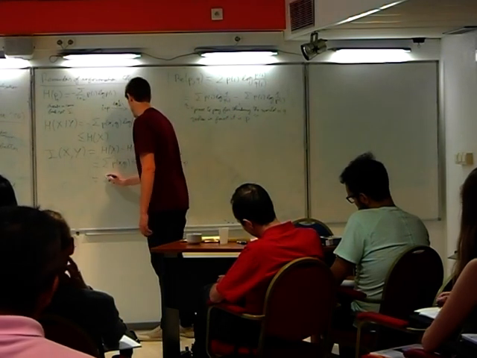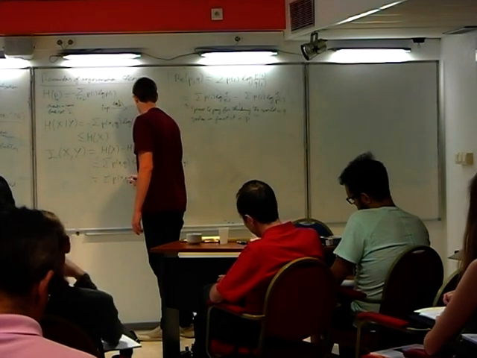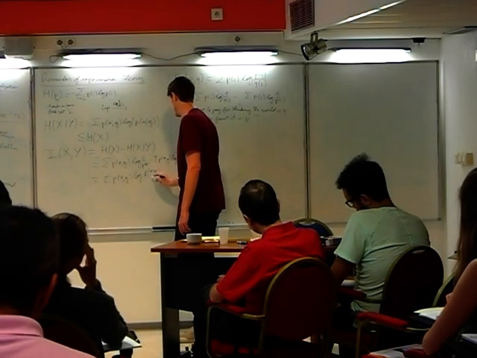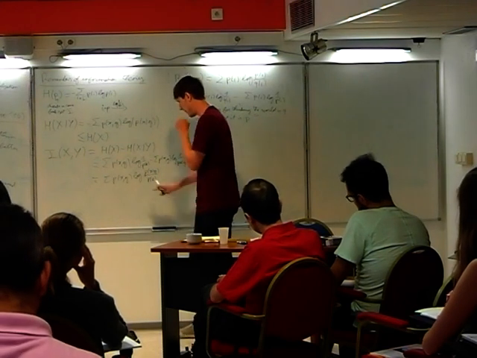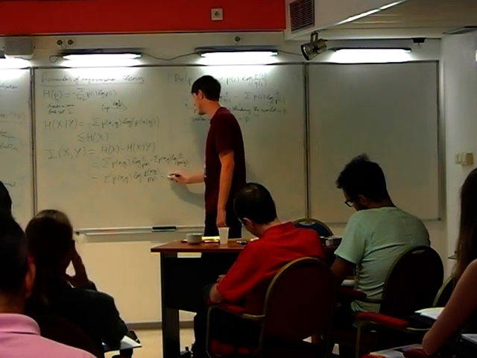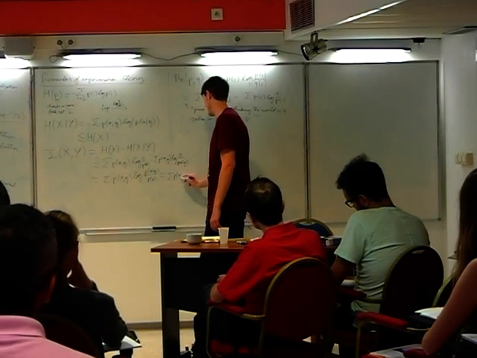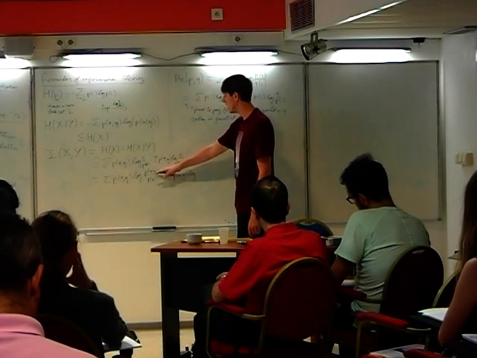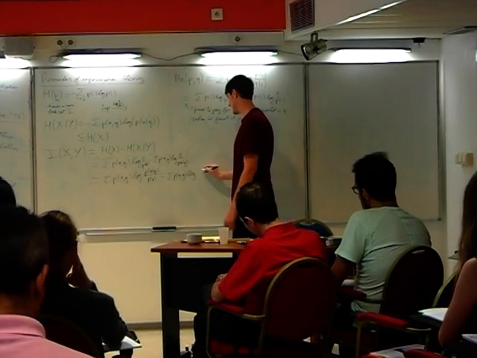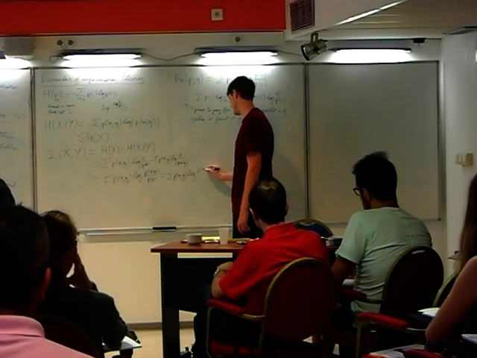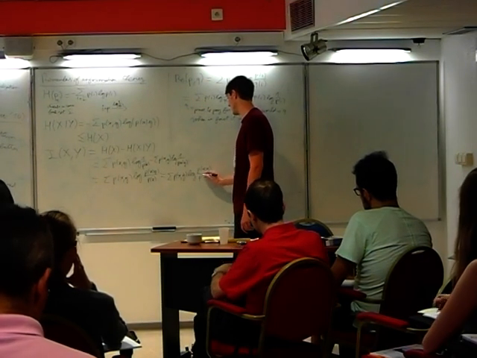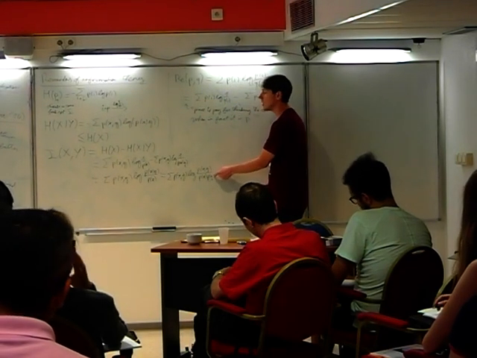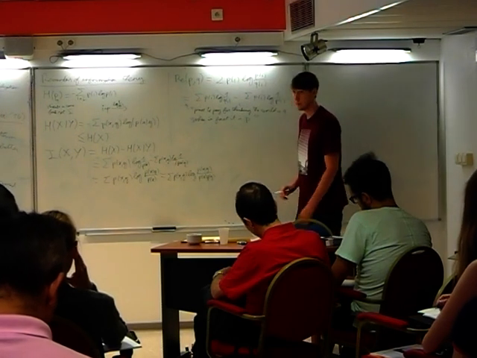Which is the same thing as the sum over P of x,y of log P of x given y over P of x. Which is the same as the sum of P of x,y log, and now I'm just going to write this as P of x,y over P of x times P of y. You see, P of x,y over P of y is exactly P of x given y.